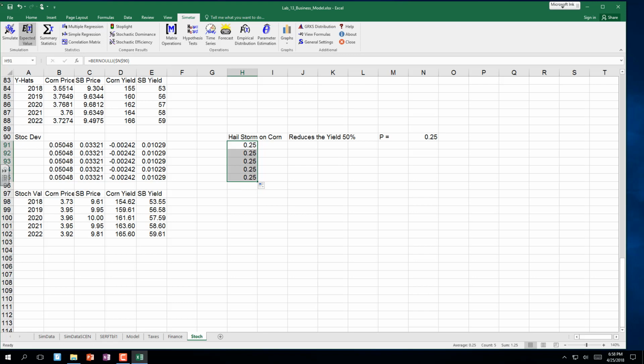Now we have to get out of expected value, otherwise it looks weird. Oh, we got one already. Okay. So what I'm going to do, and this is on corn yield alone, is modify it. I'm going to do it this way, after the storm.